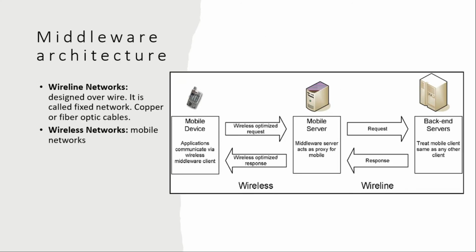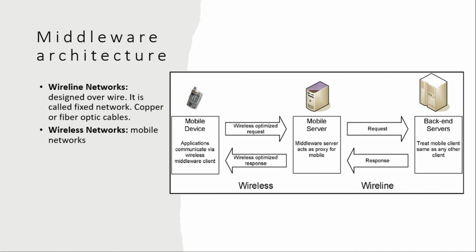Okay, we move to the middleware architecture. We can see the mobile device application communicates via wireless middleware client, with wireless optimized request to the mobile server. Mobile service middleware server acts as proxy for mobile.